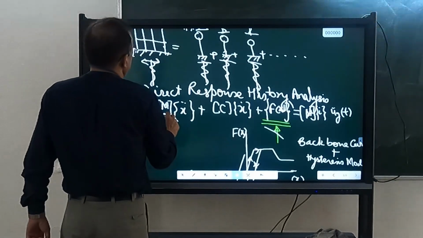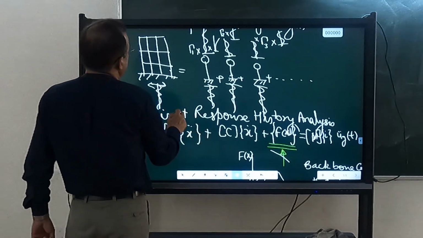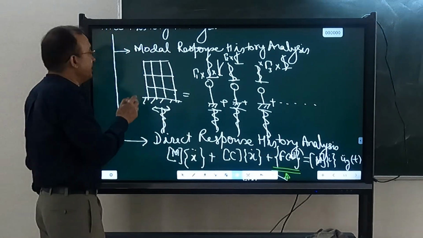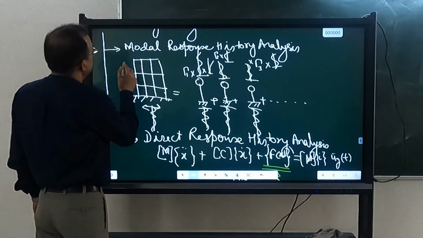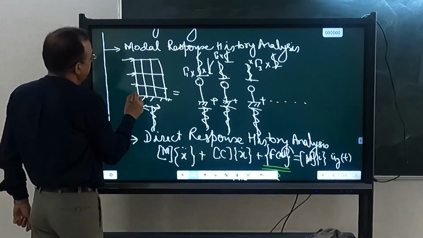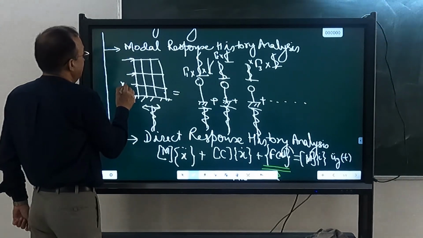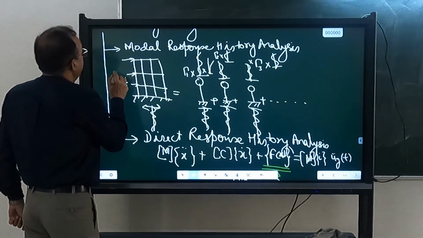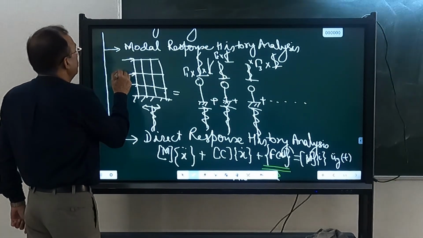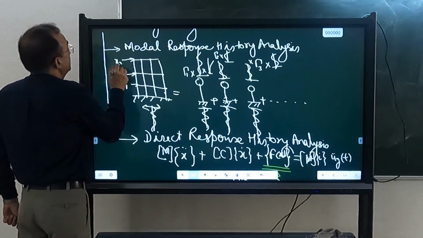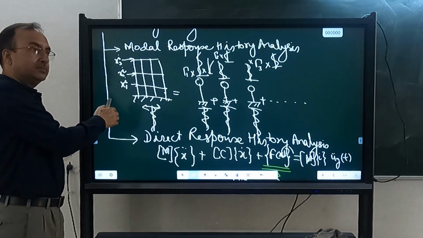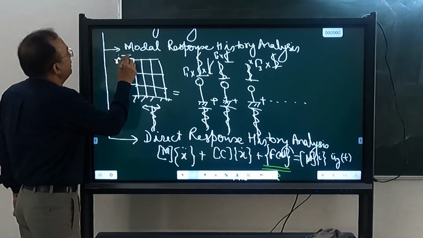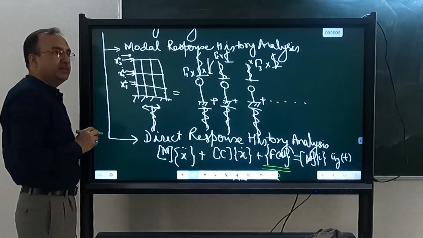How? You will start with t equal to 0, calculate x, then you go to the next step. Whatever x displacement you are getting from the previous step, that you will apply here. So you will apply the predefined displacement. Let us call it x1i, i is the ith step, and 2 is the node. At the ith step, you will apply these displacements through actuators, and when you apply these displacements, some force will be required to apply them.